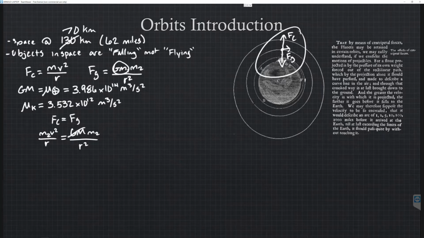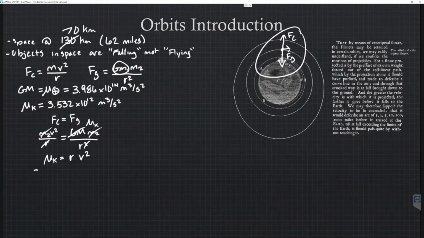Substituting that out, a lot of these terms cancel out. We can cancel out one of these r's, and what we are ultimately left with is that the gravitational parameter of Kerbin is equal to the radius of our orbit times velocity squared. We can use this really simple equation to solve for any circular orbit around this particular orbital body.